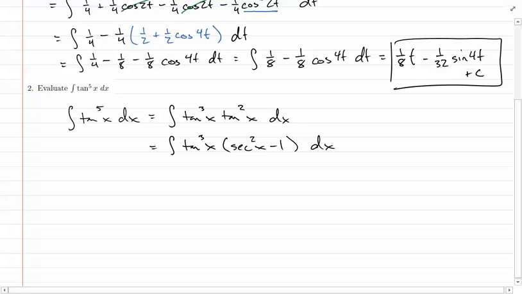And then we can take that tangent cubed and distribute it to both of those. That's going to give us two different terms, and so really two separate integrals. So we'll have the integral of tangent cubed secant squared x dx, and then minus the integral of tangent cubed x dx.